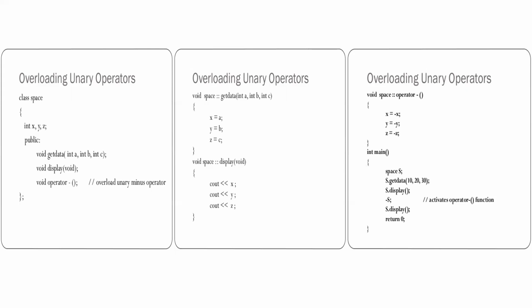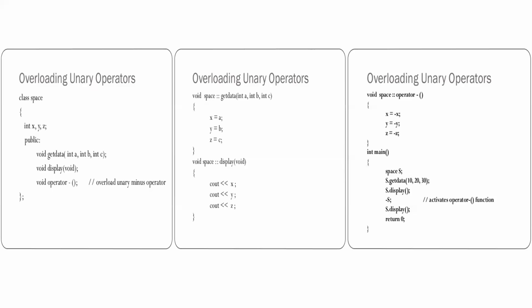Clear? Now in the next step, you see, you have written minus s. What is s? An object. What is the data type of the object? A class. I have negated an object, children, here. s is not a simple variable.